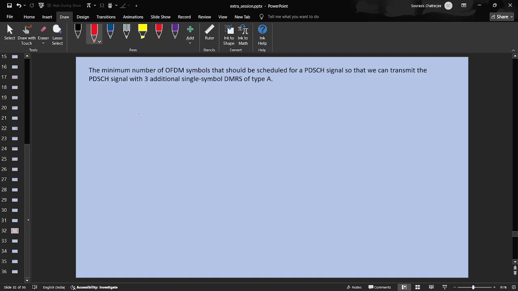Is it 12? Yes, so at least we need to schedule the data over 12 OFDM symbols to even allow transmitting three additional single symbol DMRS.